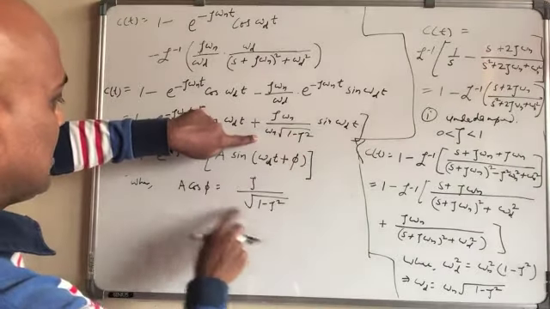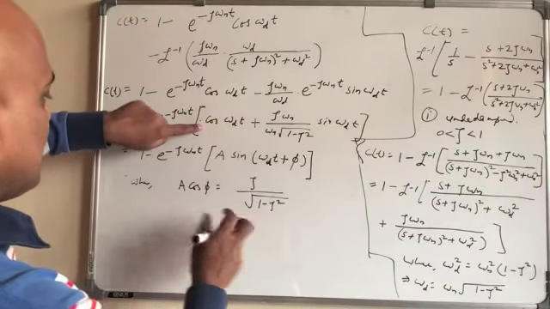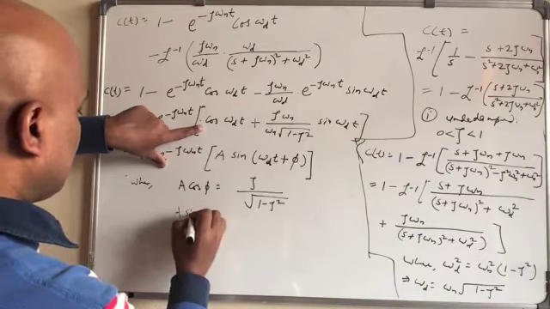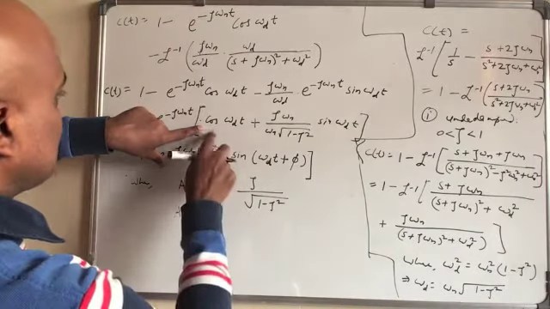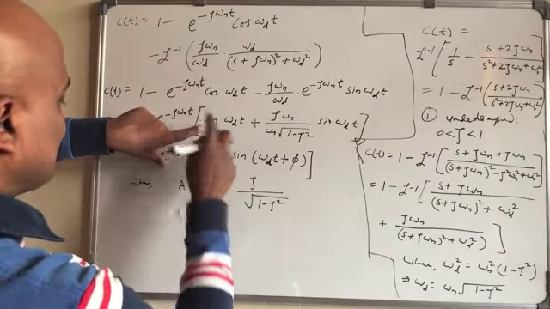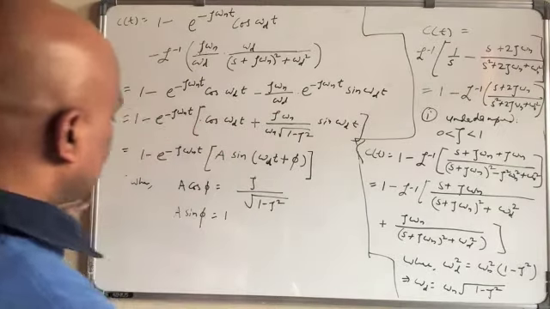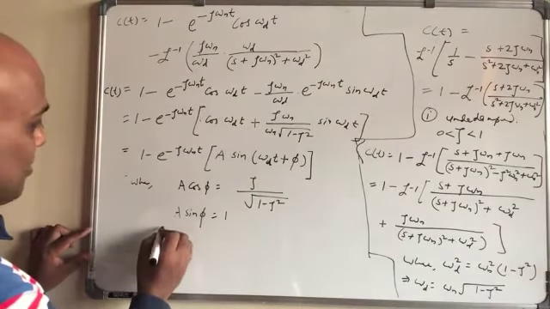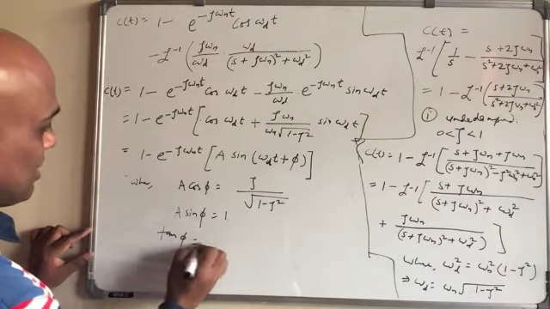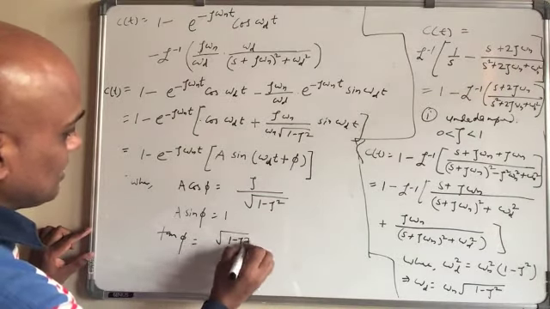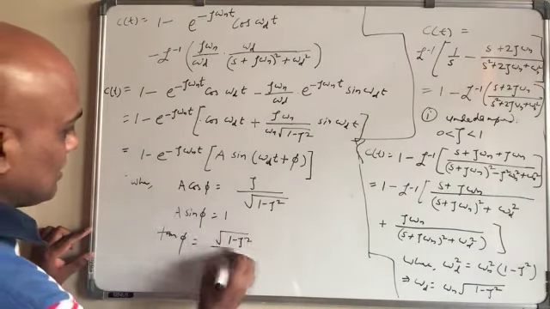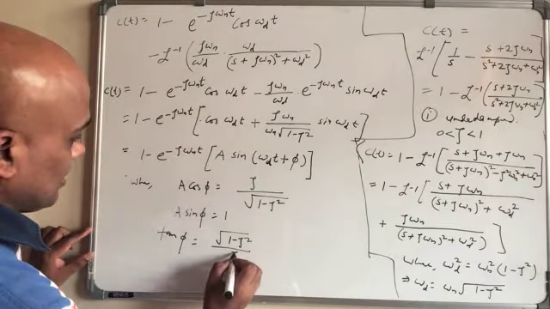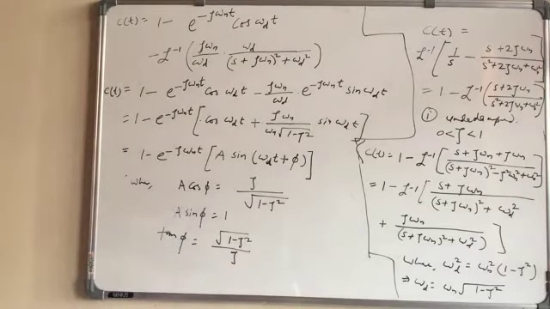So this is A cos phi, and A sine phi will be simply equal to 1, right? So A sine phi equal to 1. So you get tan phi equal to root of 1 minus zeta square over zeta, yeah.